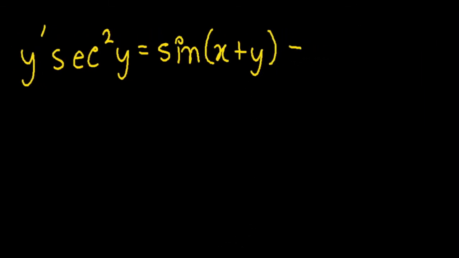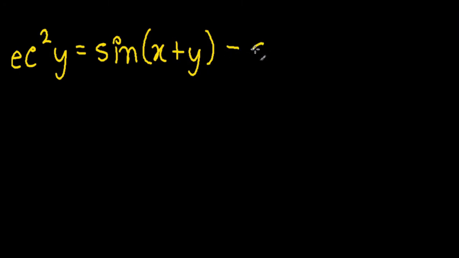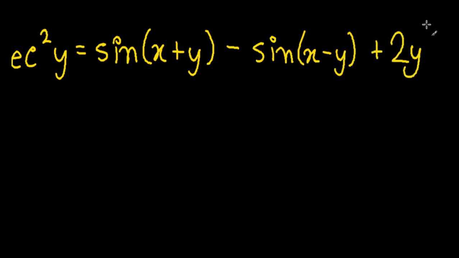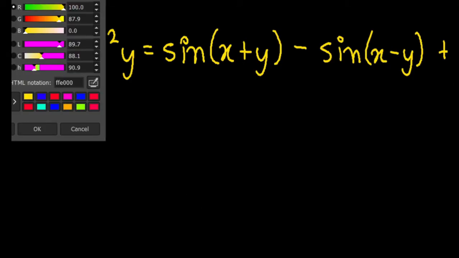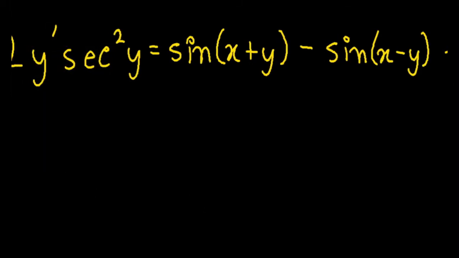I'll need to scroll to the right. Maybe I should have written it a bit smaller. So this is basically our equation. All right, again, we should do all our checks. First thing, we need to verify that this is in fact a first order differential equation.